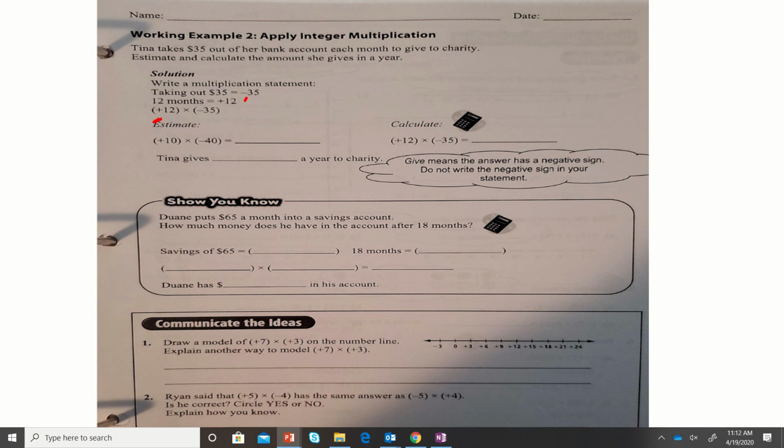Now it's saying to estimate first. If we look at a number line, 12 is closer to 10 or 20? Obviously it's going to be 10. For 35, we have 40 here and 30 here.